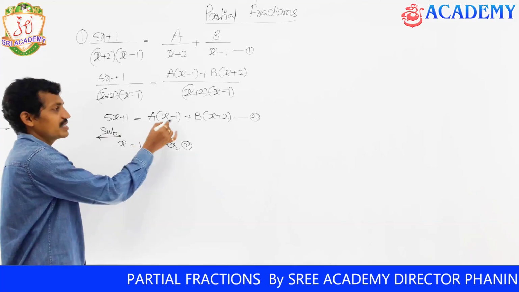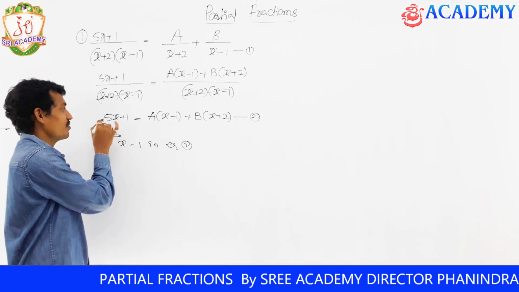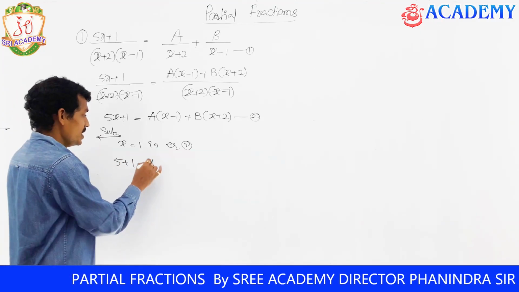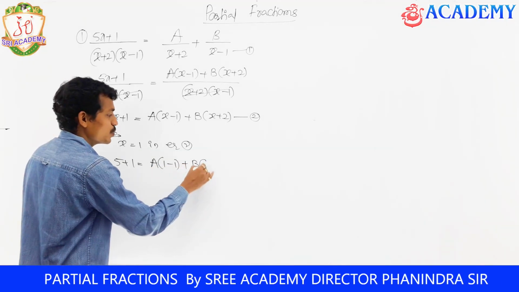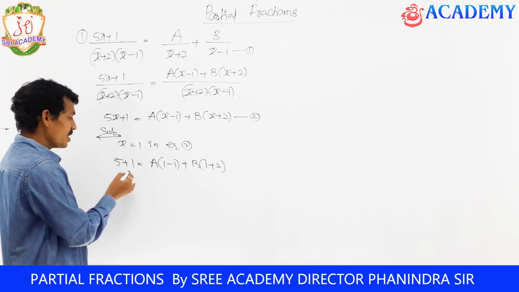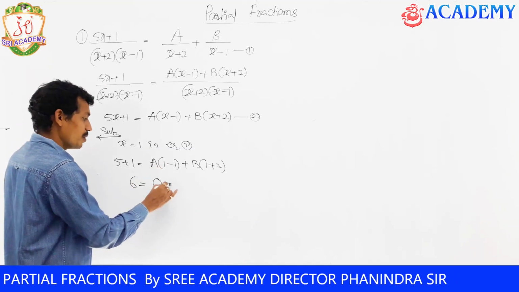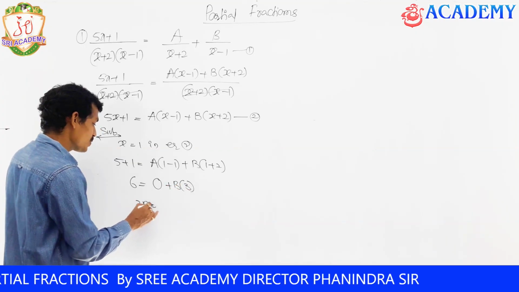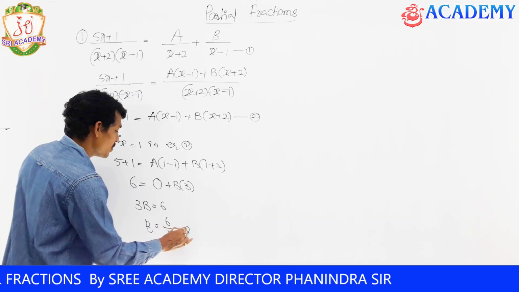Wherever x is there, I substitute 1: 5 into 1, 5 plus 1 equals a into 1 minus 1 plus b into 1 plus 2. Here 5 plus 1 is 6 equals 1 minus 1, 0 into a, 0, plus b into 3. So 3b equals 6, b equals 6 by 3, which is 2.